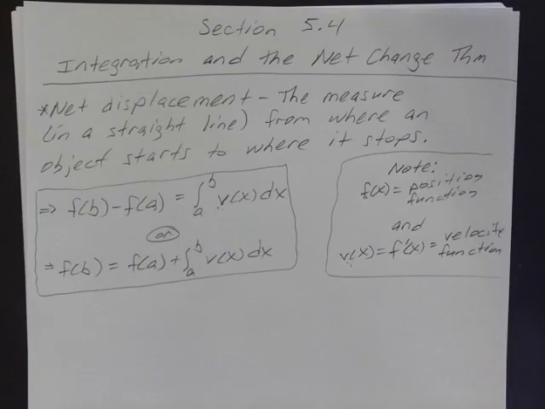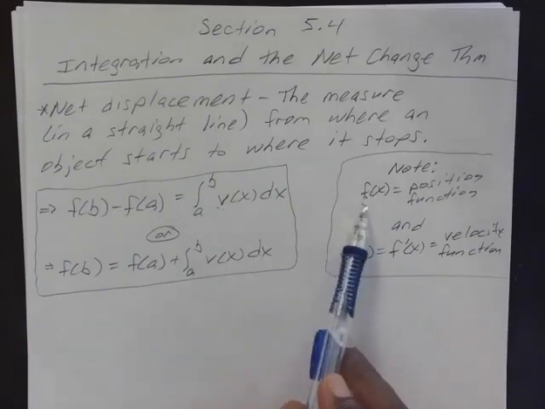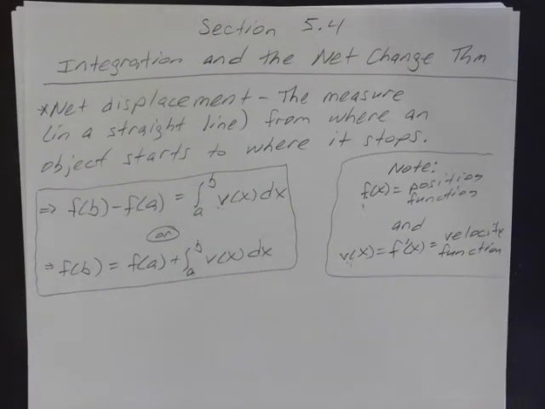Normally they'll say v of x is your velocity function, but if they don't say velocity function, it's quite possible that your v of x could be the position function, and they just incorrectly use the v instead of the f of x.